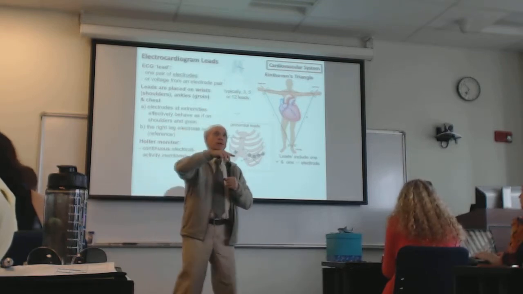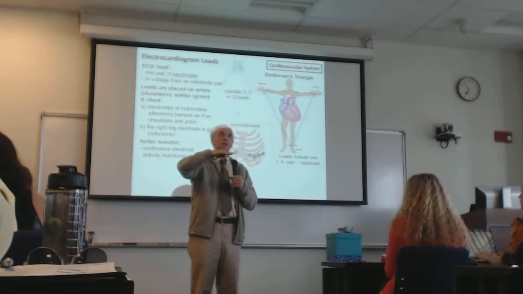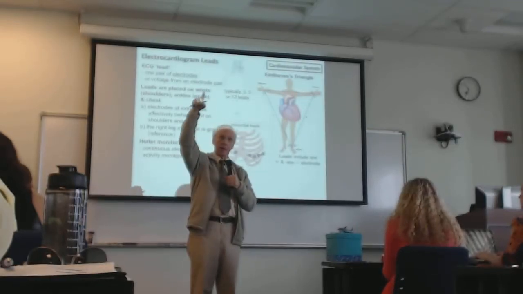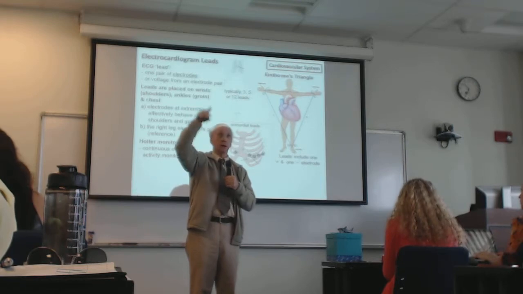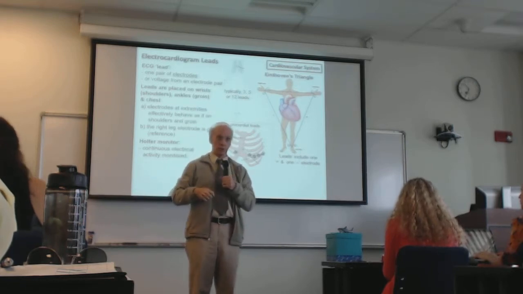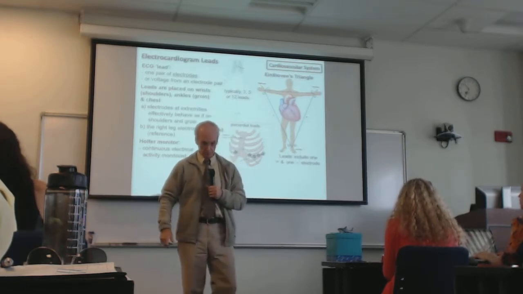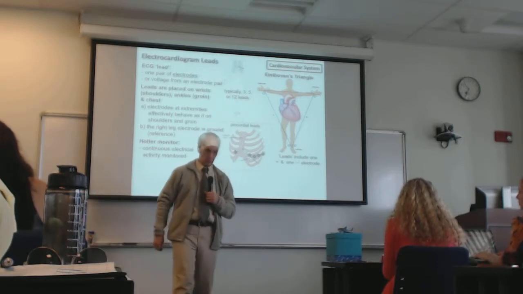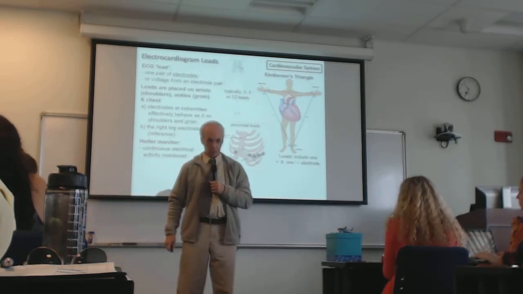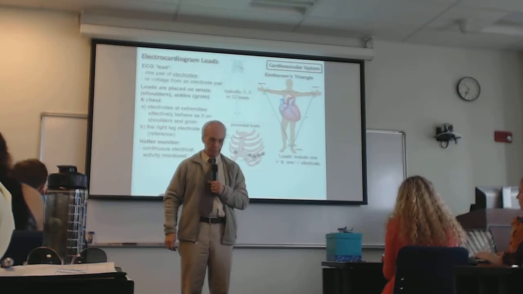So remember I said that we have a car battery in the chest, that the amplitude of the EKG is going to be dependent upon where you put those electrodes, the distance between the electrodes, the distance between the heart and the placement of the electrode on the body.